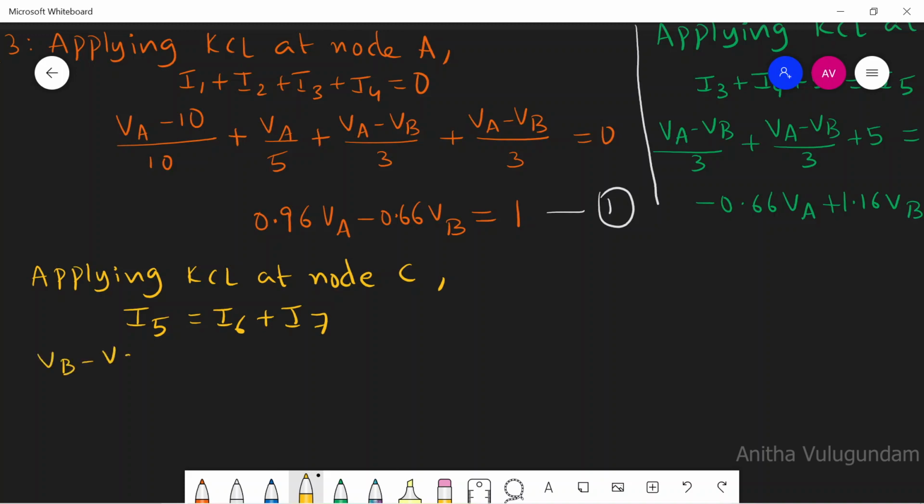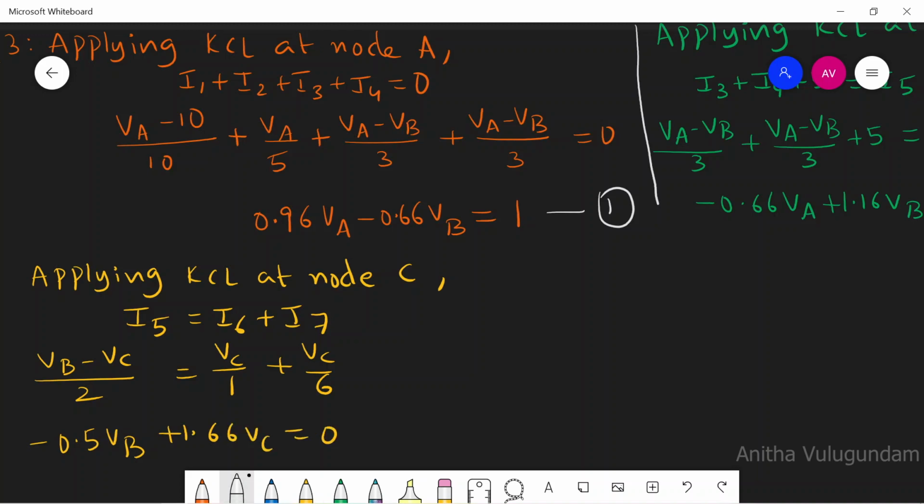I5 can be written as VB minus VC divided by 2. I6 can be written as VC by 1 plus VC by 6. This equation can be rewritten as minus 0.5 VB plus 1.66 VC equal to 0. Let this be equation number 3.